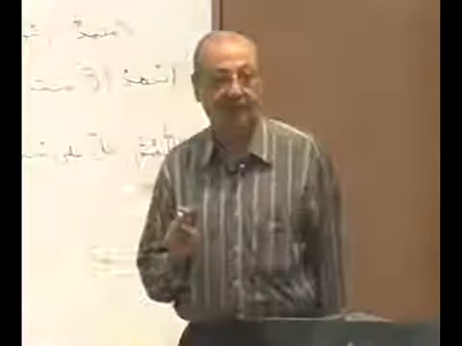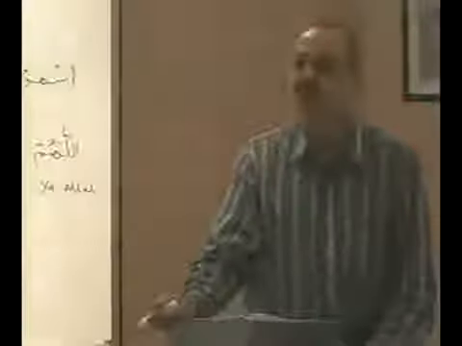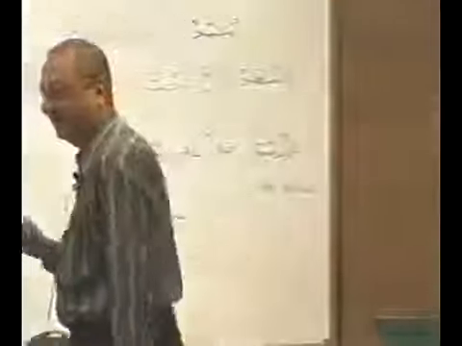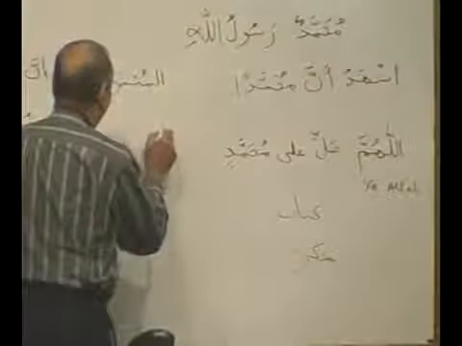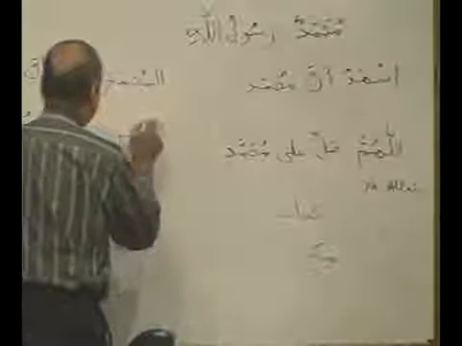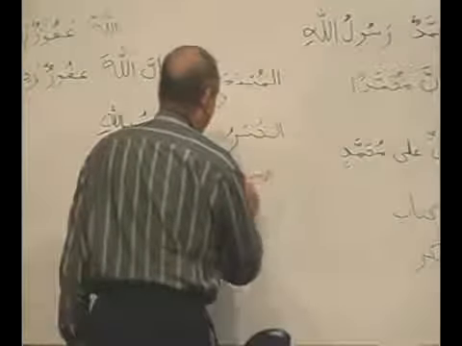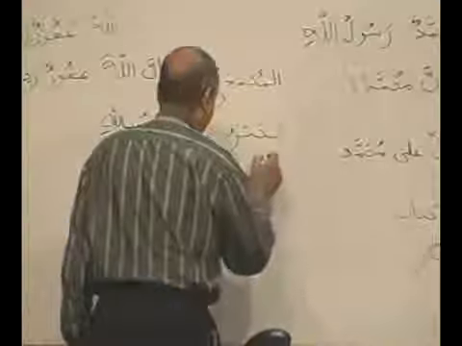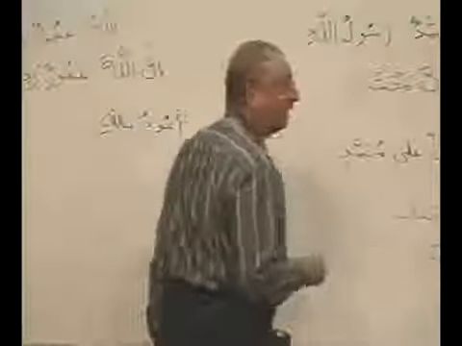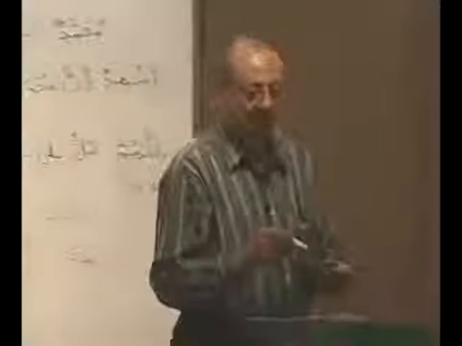Mubtada. Okay? Subject. And what is called predicate in Arabic? Very simple. Khabar. Aaj ki taaza khabar kya hai? Khabar. Al-khabaru. Or you will say khabar. Are you with me? What does khabar mean?